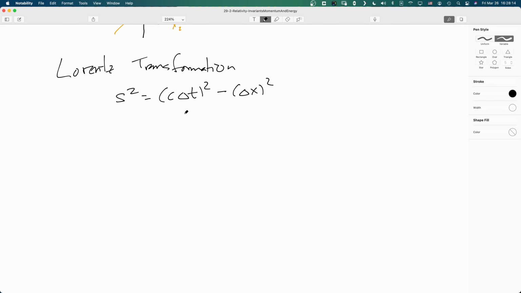Anyway, under this most usual way of defining it, if the invariant is a positive number, and don't let it throw you that it's squared, it can be negative, it's okay. But if it's a positive number, then it means that this delta t term, after we multiply it by the speed of light, is bigger than our space terms. And so this means that our two events have what's called a time-like separation.